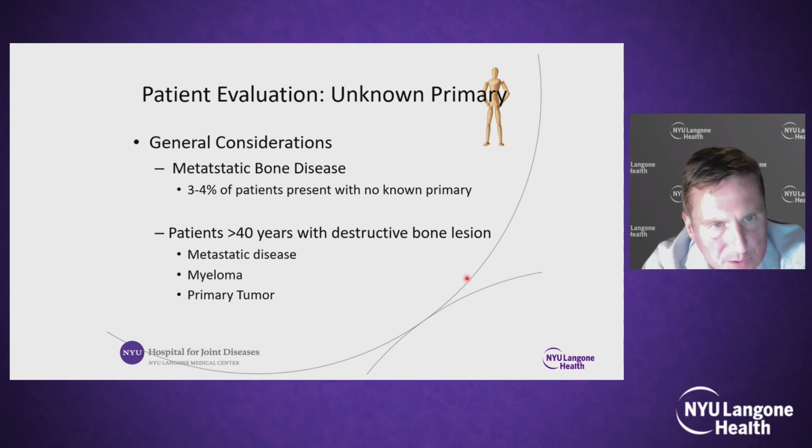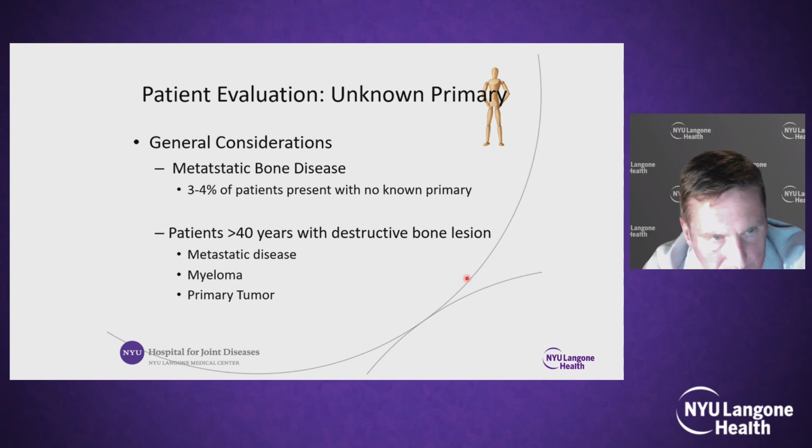As I've mentioned a few times already, metastatic bone disease is very common. The statistics say about 3 to 4% of patients present with metastatic bone disease as their presenting complaint. And that sounds like a reasonable number. I can't say I see one patient a week, but certainly one every other week.